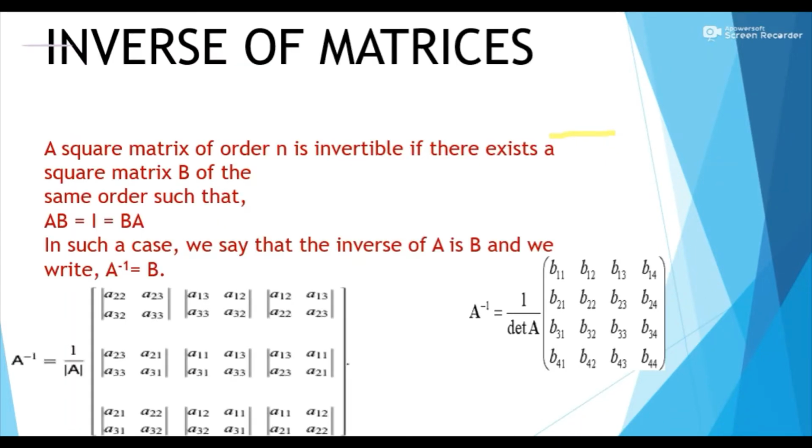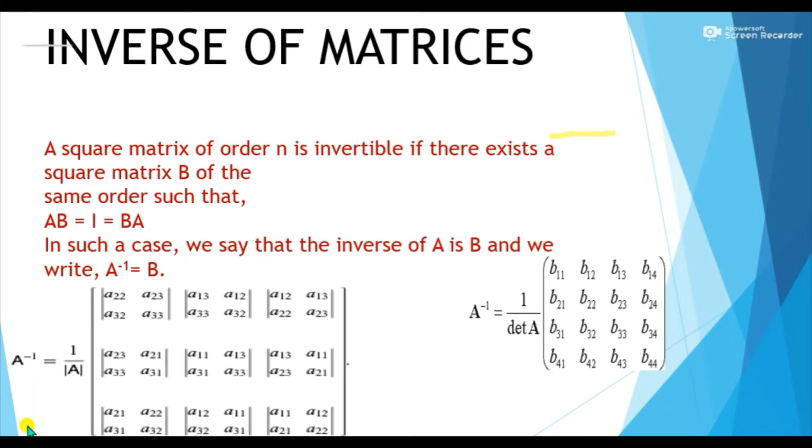We also need to know what is meant by the inverse of a matrix. A square matrix A of order n is invertible if there exists a square matrix B of the same order. This is the condition which must be satisfied in order to find the inverse of the matrix, and this is the formula we use to find it.